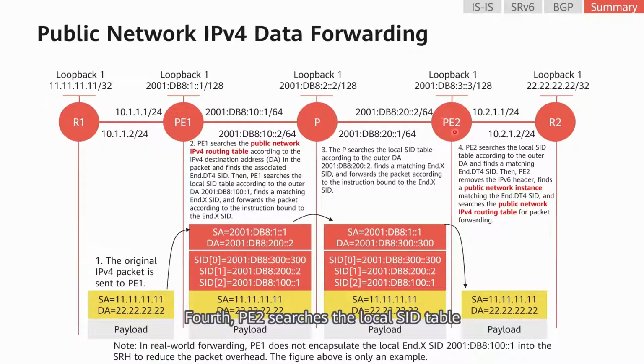Fourth, P2 searches the local SID table according to the outer destination address and finds a matching End.DT4 SID. Then P2 removes the IPv6 header, finds a public network instance matching the End.DT4 SID, and searches the public network IPv4 routing table for packet forwarding.